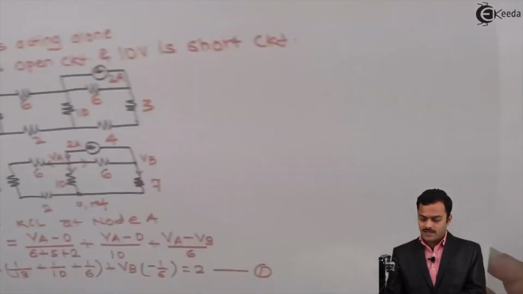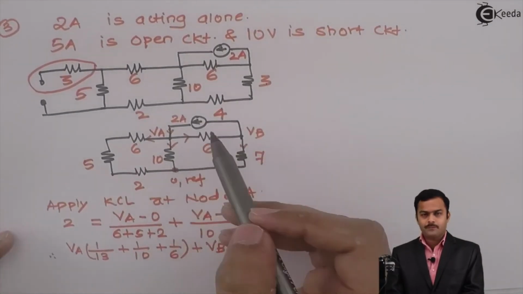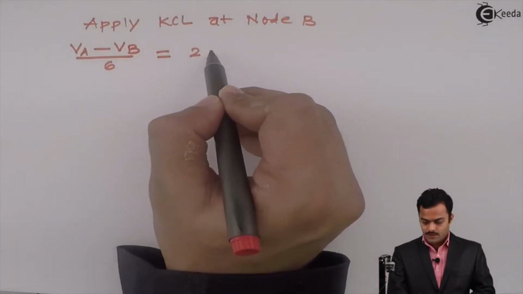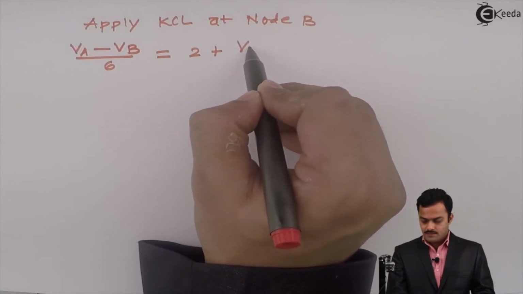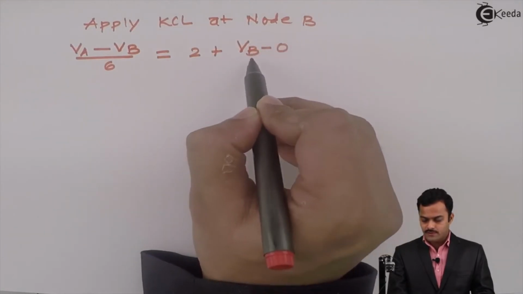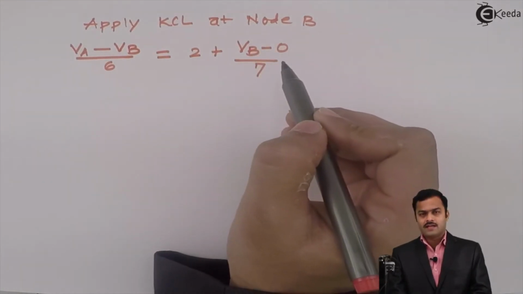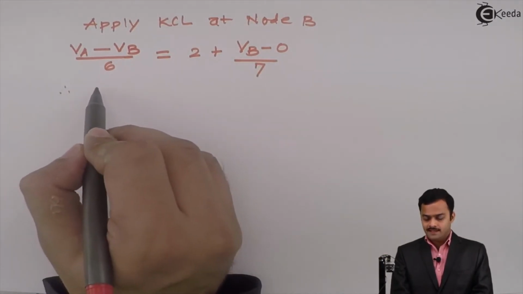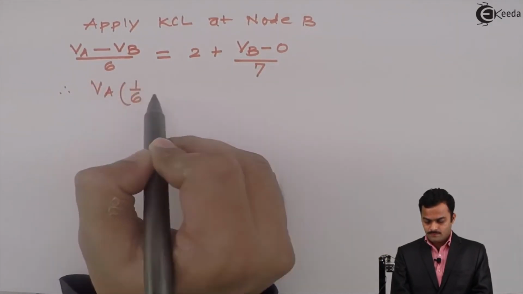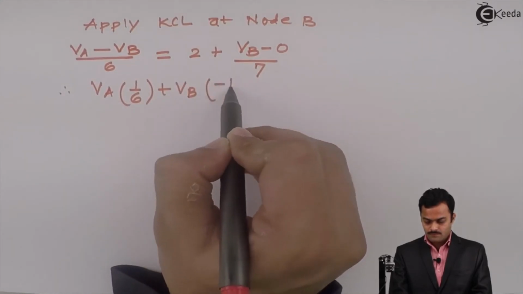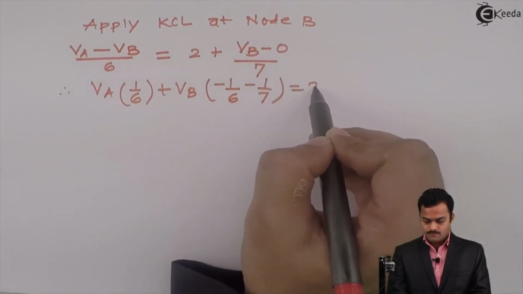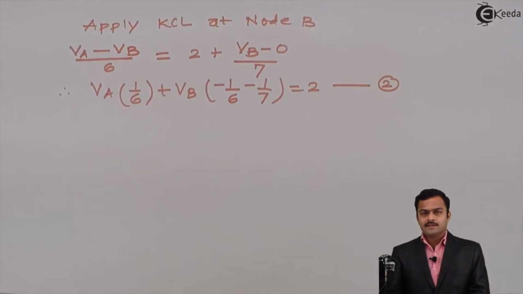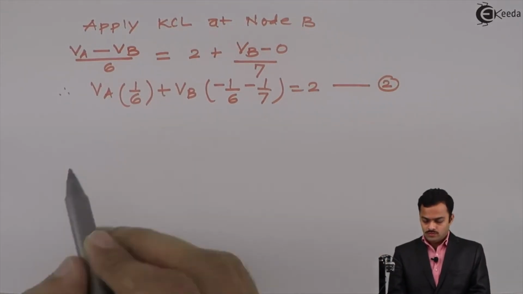Out of 2 outgoing branches, one is a current source of 2 ampere and remaining branch current is (VB minus 0) divided by 7. So let's rearrange the terms. I will get equation number 2.